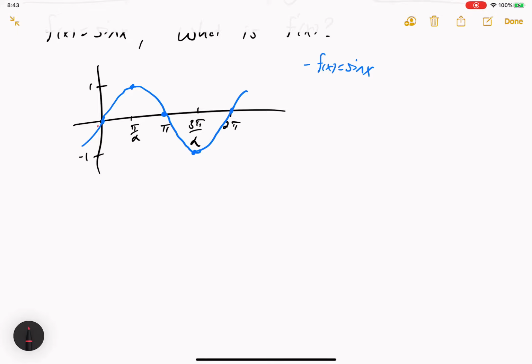If we start at 0, that kind of looks like the line y equals x. So this looks to have a slope of 1. If we look at pi over 2, that's a horizontal line, so the slope should be 0. What about pi? If I drew that well enough, that should be -1. At 3 pi over 2, it should be 0. At 2 pi, it should be 1.